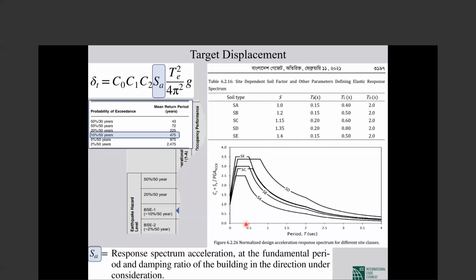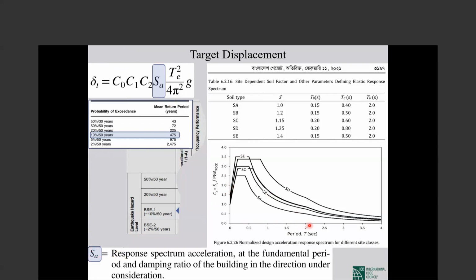Anyhow, one very important aspect is we should have this curve. For example, one of them based on the soil, this curve for the given level of earthquake. So we have this now. What we can get from this: if we have the period of the building, it gives us the maximum acceleration.